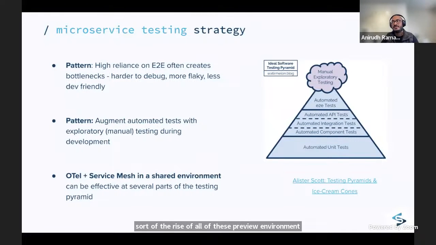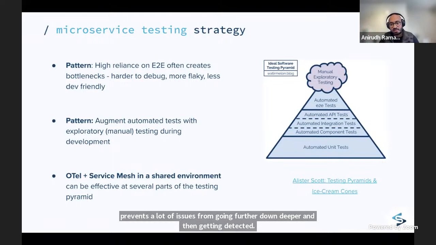That actually helps a lot, because as a developer, when you start getting the full picture of your change in the context of everything else and exercise it like a user would, you get a lot of signal from that.